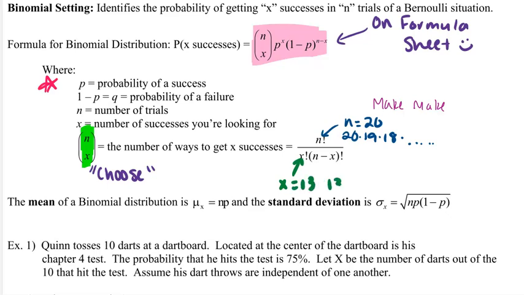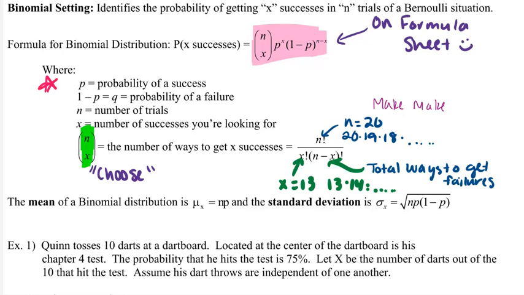I would do 13 times 12 and so on, all the way down to 1. Oh man, look at this. Okay, this would be the total possibilities of failures because you're taking the number of trials and subtracting the number of successes that you want. So this is the total ways to get failures.